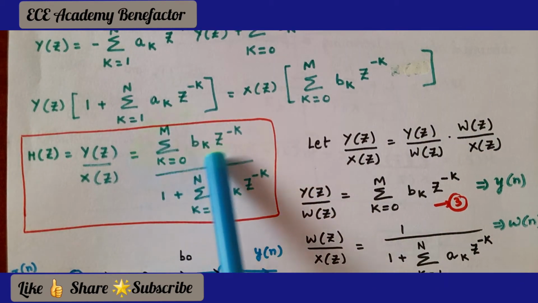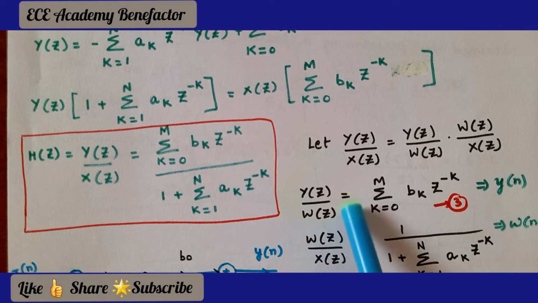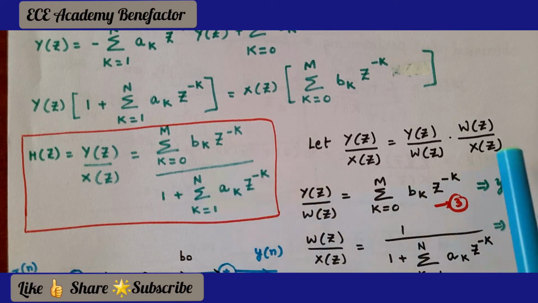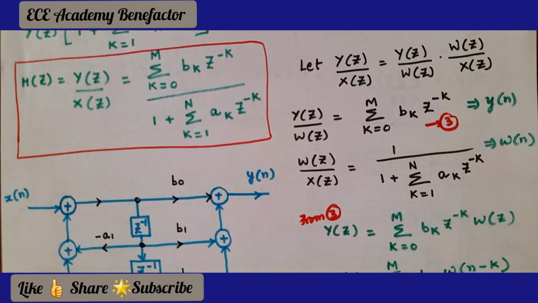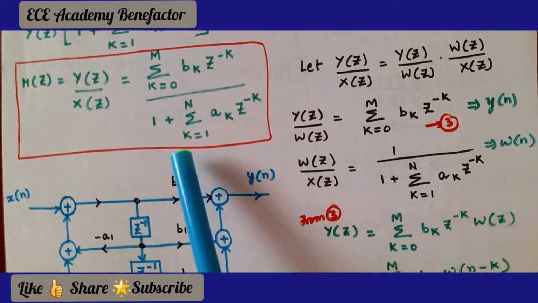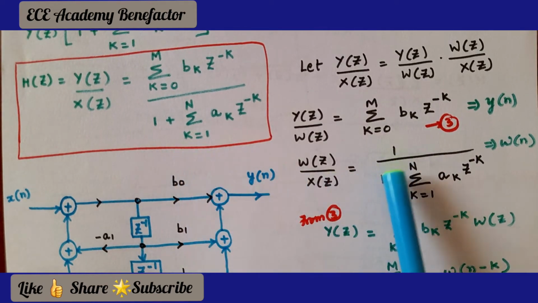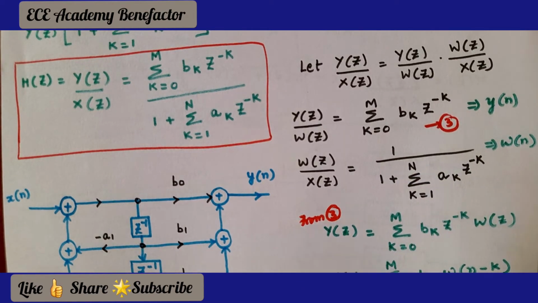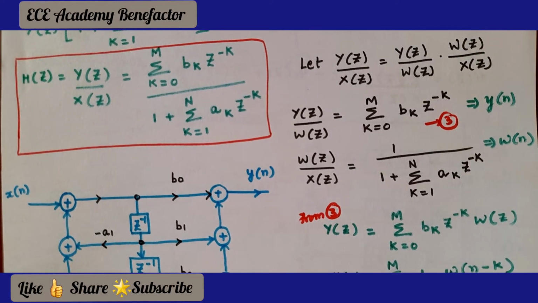So the numerator part is taken for Y(z)/W(z), and W(z)/X(z) is equal to 1/(1 plus summation k equal to 1 to capital N a_k z^(-k)), the denominator part.